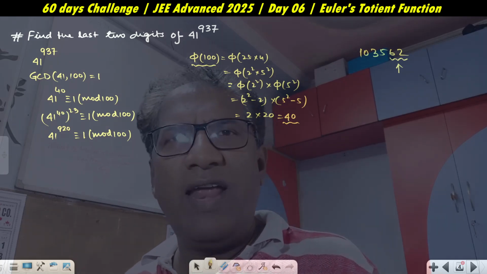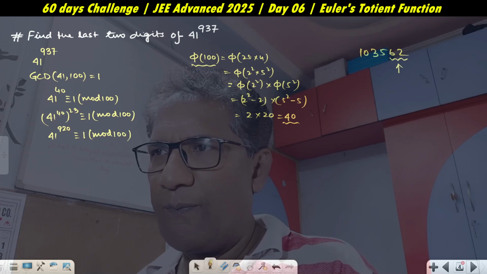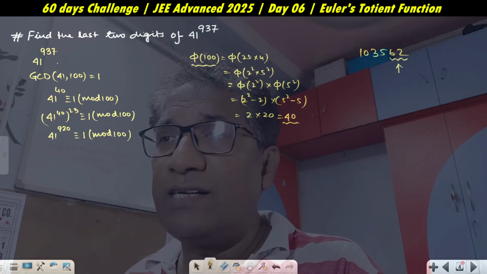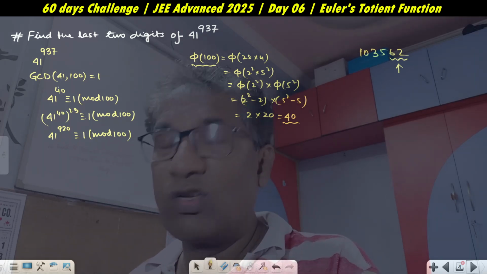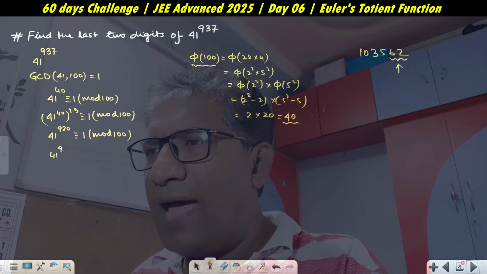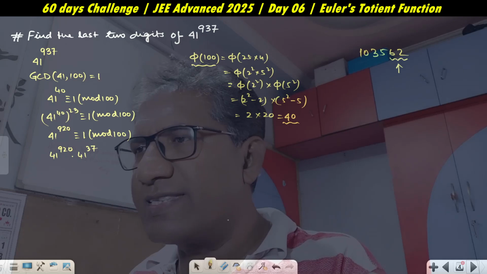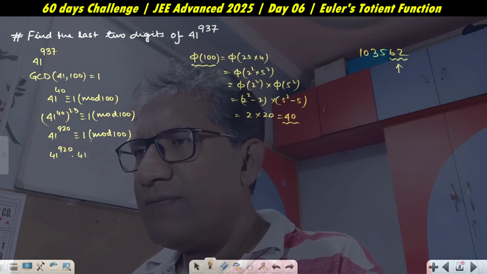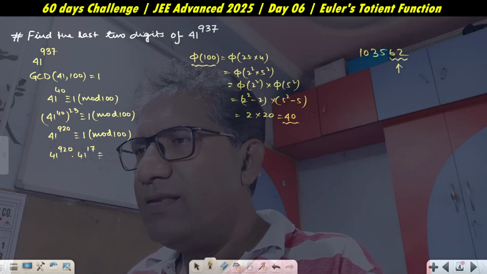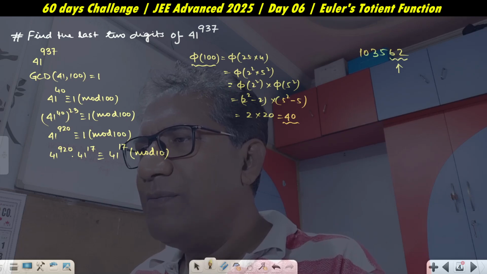So now we have reached 41 to the power 920. But we have to reach 937. So what to do? If I multiply both sides by 41 to the power 17, then we are going to have 41 to the power 17 modulo 100.